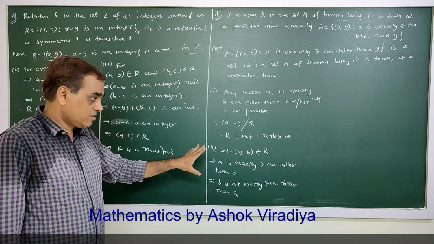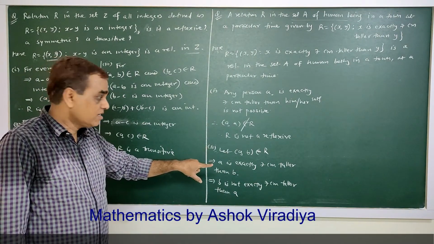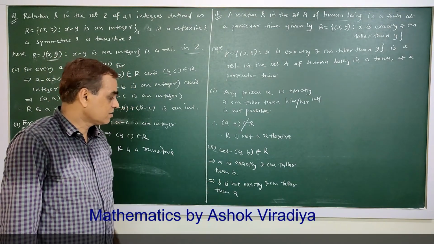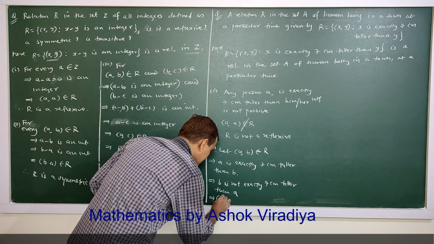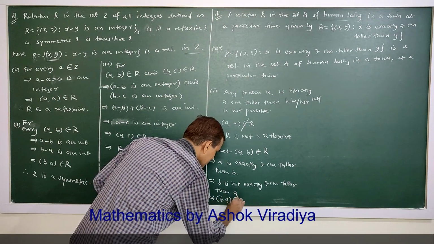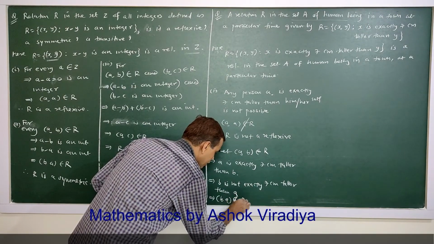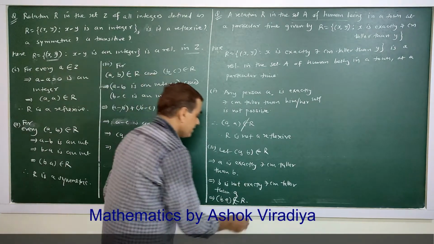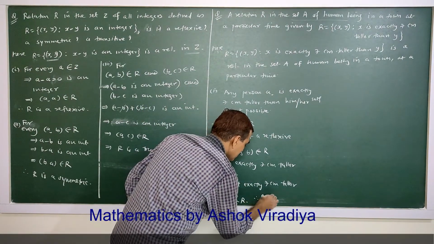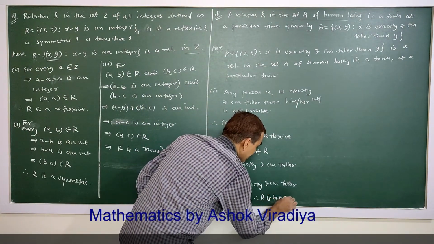A is taller than B, not B. So BA does not belong to R. So R is not a symmetric relation.